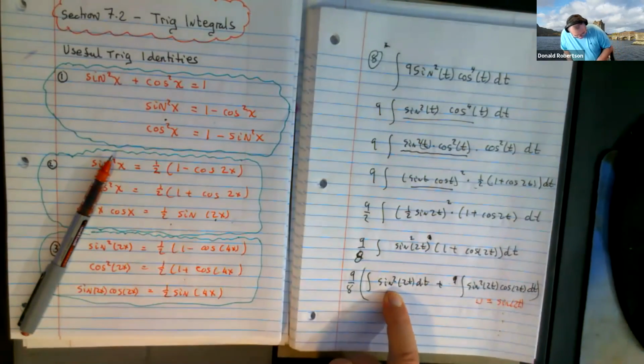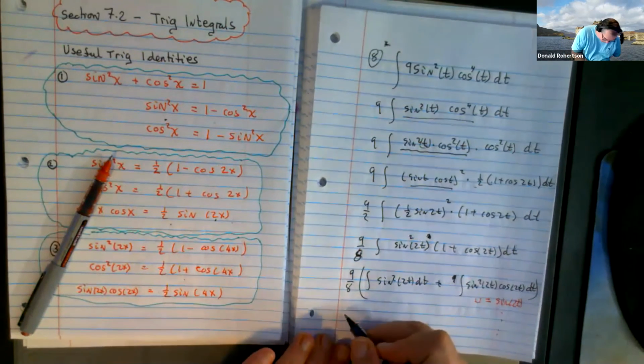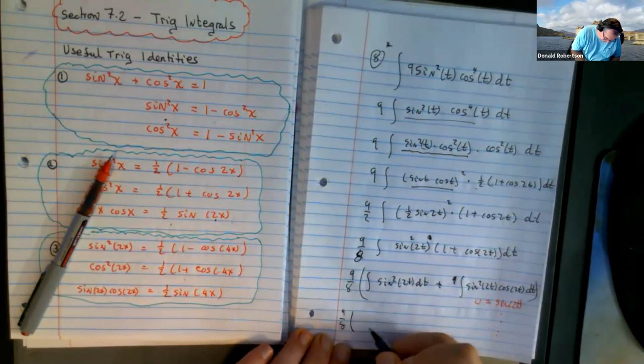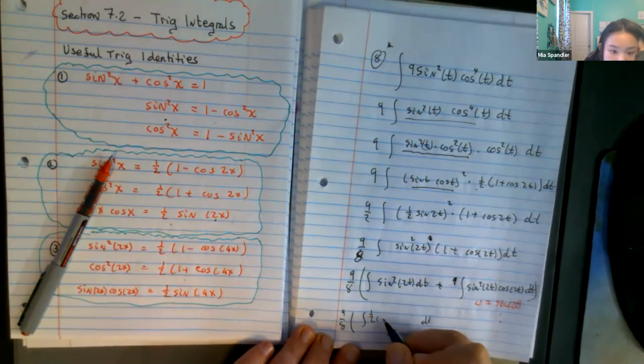And unfortunately, I have a sine squared 2t left over. Is there anything I can turn the sine squared 2t into? Half times 1 minus cosine 4t.